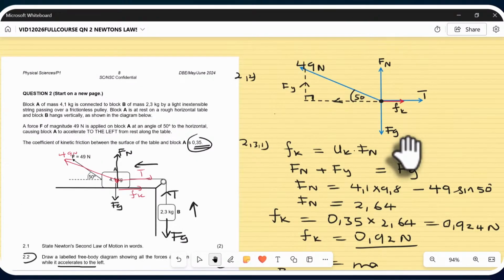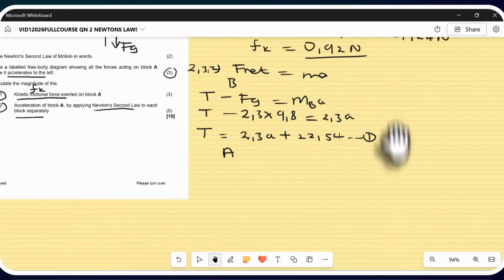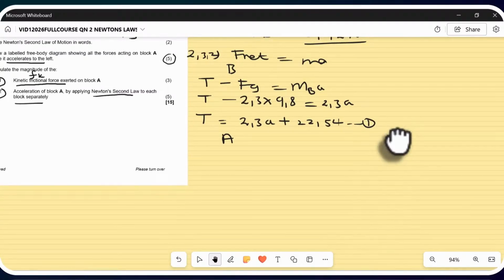Hope we are together. The whole component, which is Fx minus tension force minus kinetic frictional force, equals MA. But this time we talk about block A. So the Fx, because it's horizontal, we're going to use 49 and then cos of 50, then minus tension T. Now the frictional force I got already, 0,92.